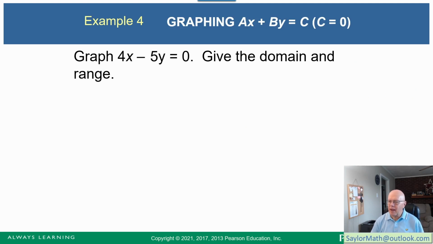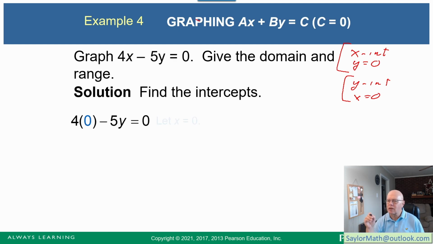Now, how about the domain and range of this one? First of all, we might find the intercepts. Well, that's going to be easy. Remember, x intercept, set the y equals 0. For the y-intercept, set the x equals 0.